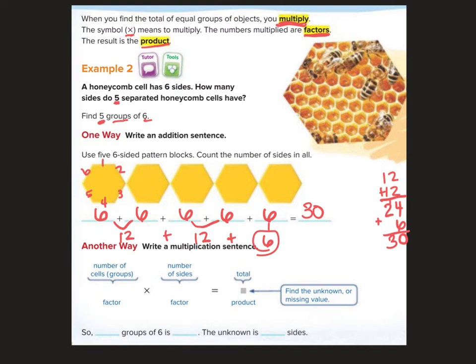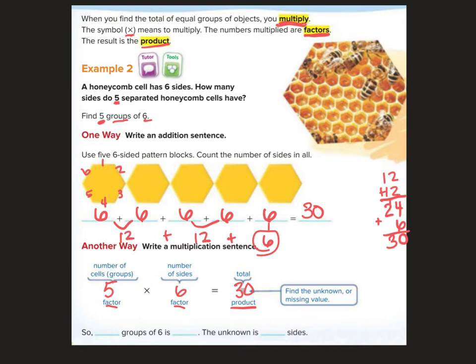Another way I could have done that is writing a multiplication sentence where I said, okay, I have 5 groups and each group has 6 in it. Notice how the 5 and the 6, the numbers I'm multiplying together, are called factors. And then our answer, 30, is called the product. Product means answer to a multiplication sentence, just like difference is the answer to a subtraction sentence, and sum is the answer to an addition sentence.